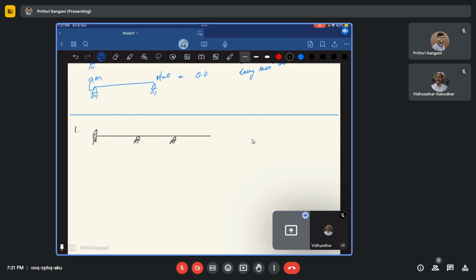We have a UDL in the span, not the midspan because the lengths are not the same, and then we have a 250 kilonewton point load. This is A, B, C, D, and the dimensions are 4 meters, 4 meters, 12 meters, and 12 meters.